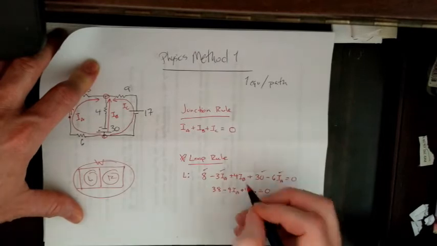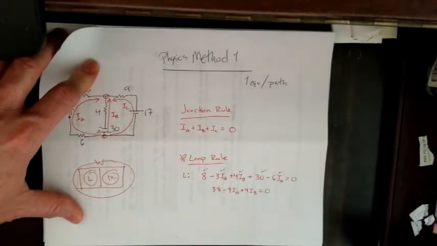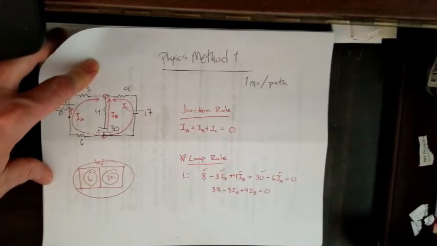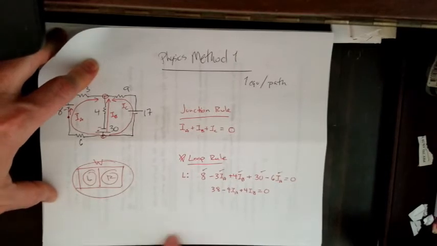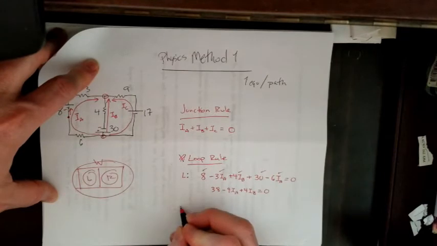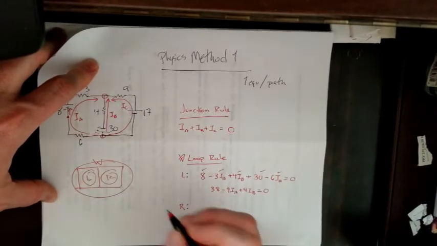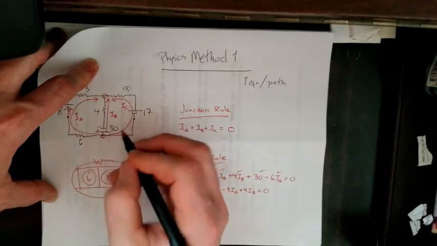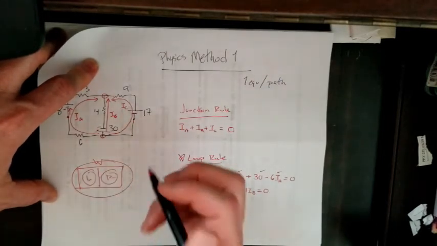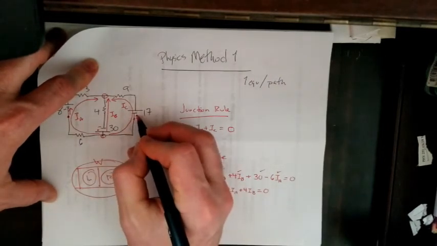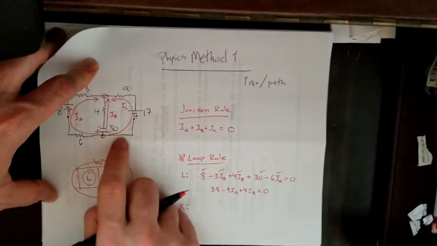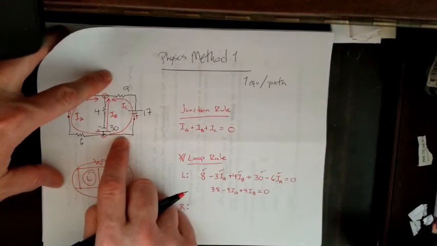You might be able to keep this straight in your head without doing the check marks, and that's fine. In something like this, it is quite easily done. However, some of you are more organized than others. I'm going to do the right loop, and I'm going to start here. I could start anywhere and go in either direction, but I'm going to go in that direction for my voltage loop. It does not have to be in the same direction as the current. Absolutely does not.